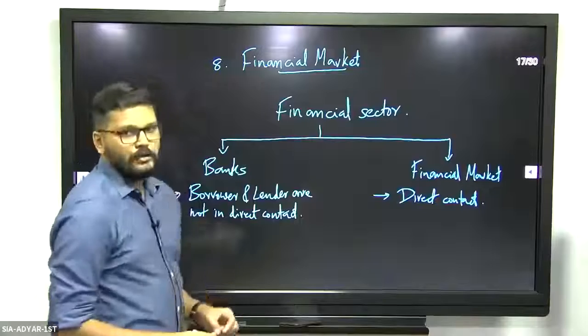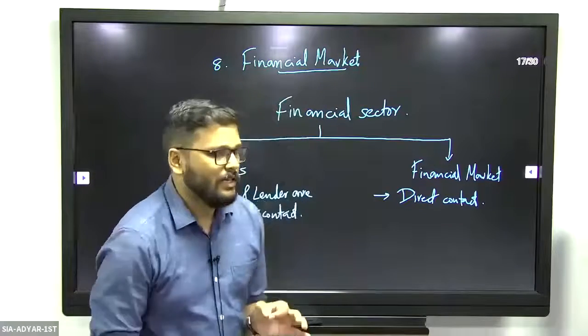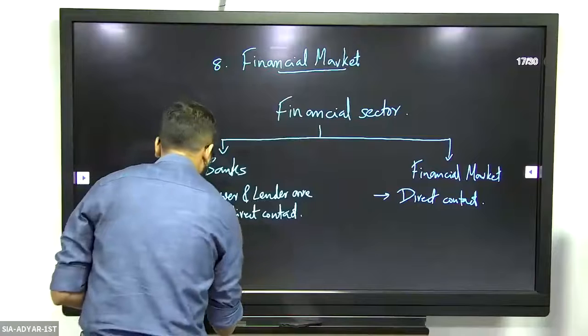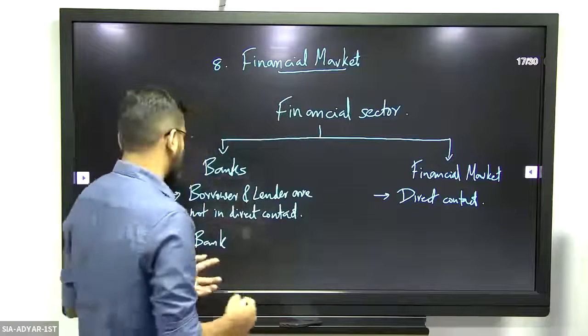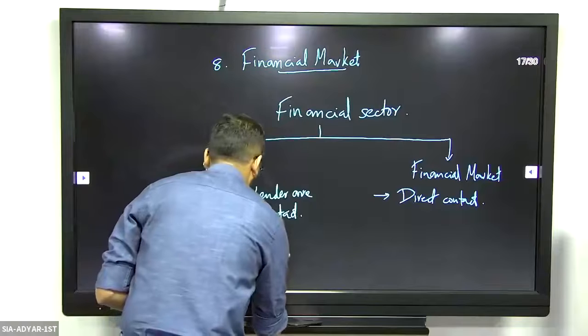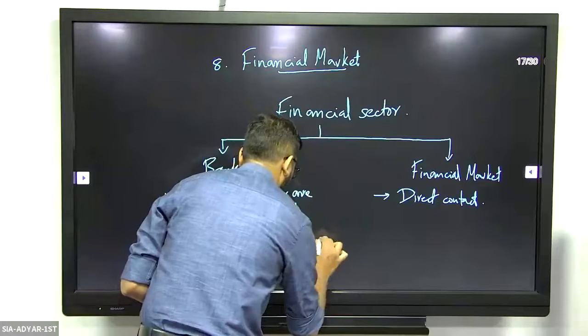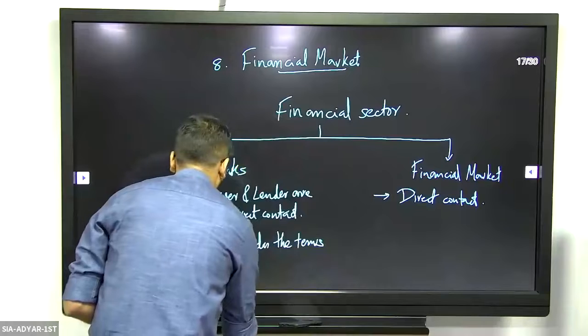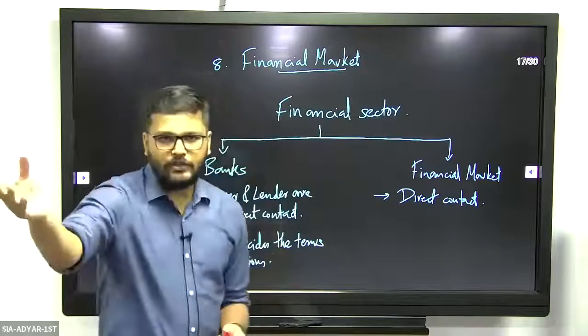Coming to the second part. In a banking system, the bank decides the terms and conditions. What is a bank? Bank is an intermediary organization. Bank decides the terms and conditions of both borrowing and lending. You are depositing money.